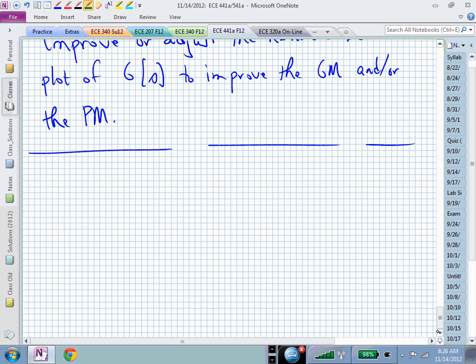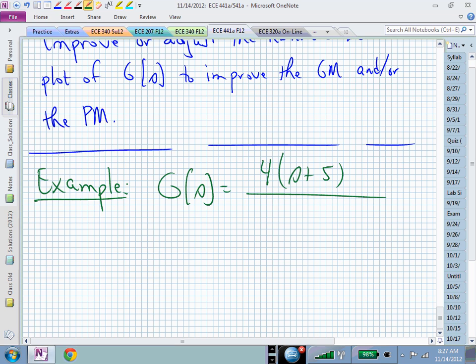Suppose somebody gives you a G of S that looks like, let me label it as such, 4 over S plus 5 over S plus 0.1 and S plus 20.